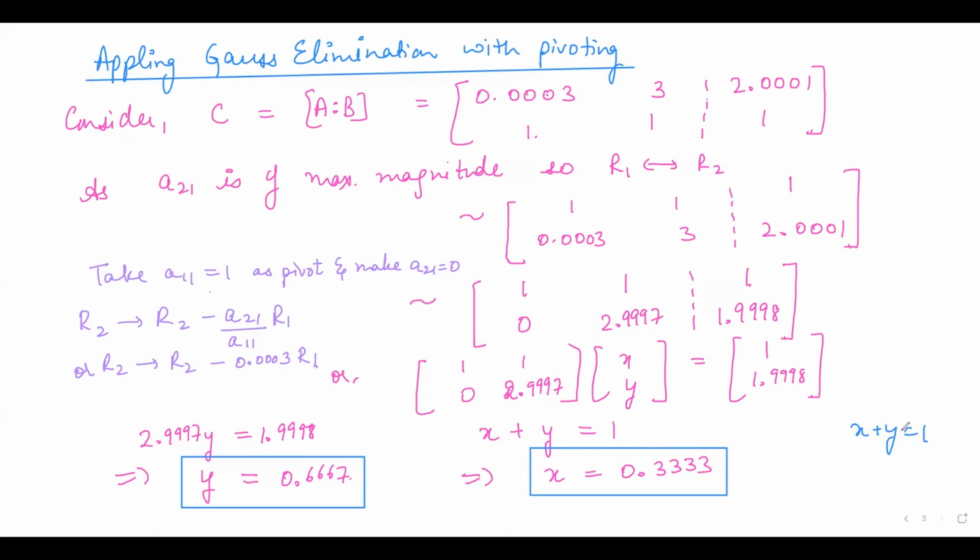That means x and y is the solution of both equations. So yes, we are getting the correct solution of the system of linear equations. x is 0.3333 and y is 0.6667. This is the solution of the system of linear equations with and without pivoting.